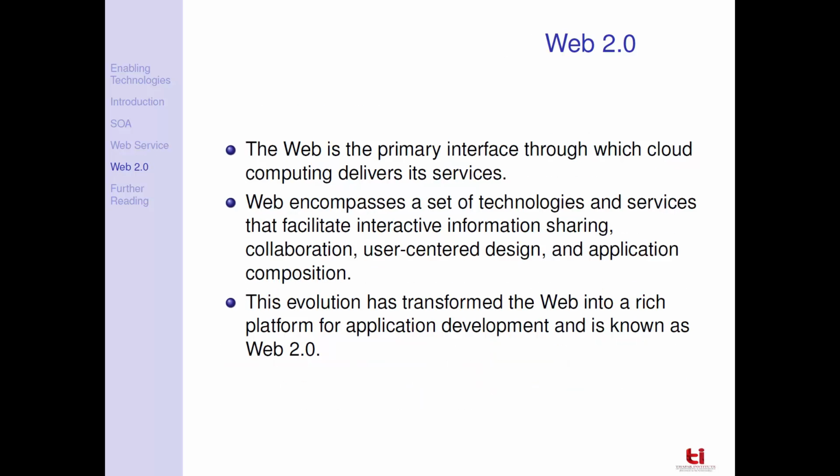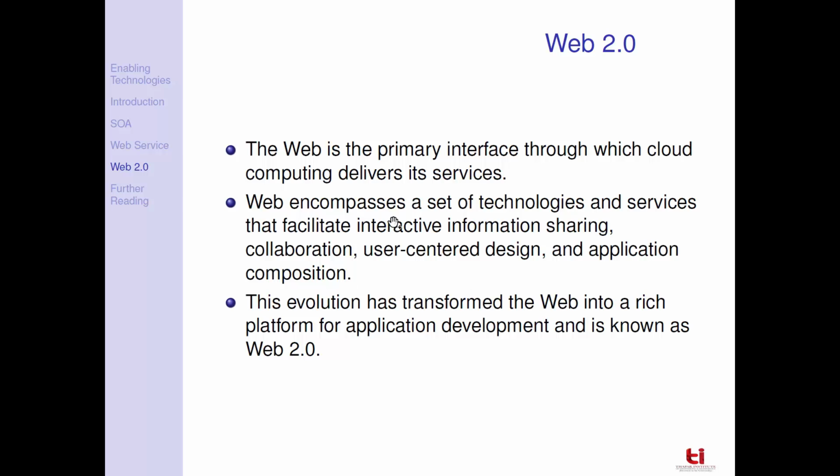So now let us look at what Web 2.0 is. The web is the primary interface through which cloud computing delivers its services. It encompasses a set of technologies and services that facilitate interactive information sharing, collaboration, user-centered design, and application composition.